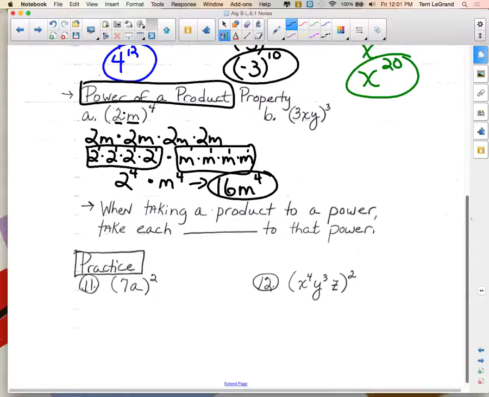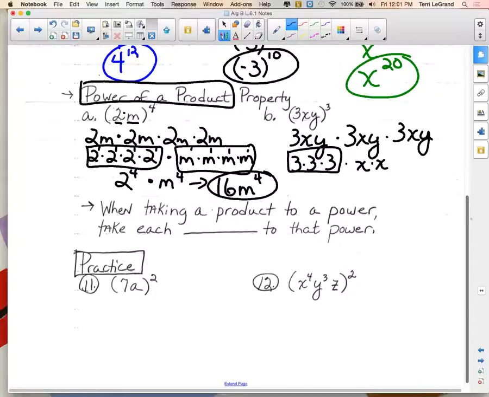Okay, here we have 3xy to the third power, so that means we have 3xy times itself 3 times. So we really have 3 3's that could be multiplied together. We really have 3 x's that could be multiplied together. We really have 3 y's that could be multiplied together.